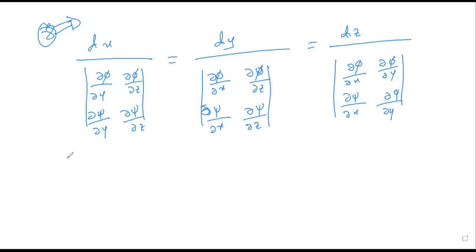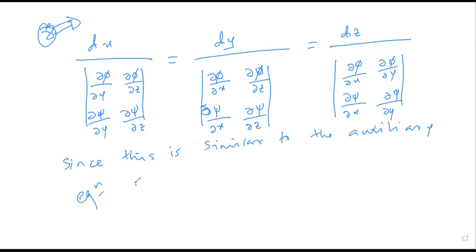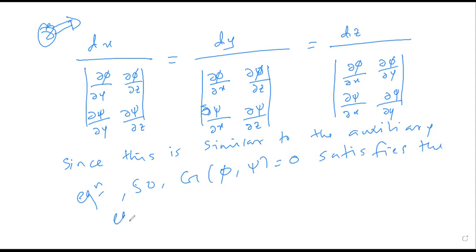Since this is similar to the auxiliary equation, g(pi, chi) equal to 0 satisfies the equation a zx plus b zy equal to g.